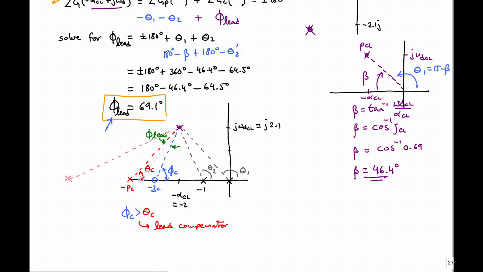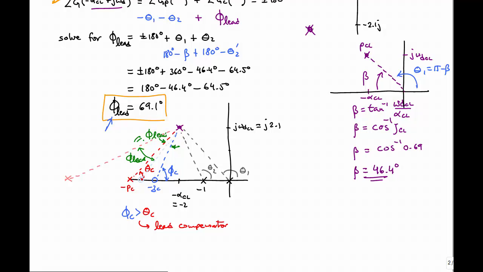As long as this angle here is still phi lead, and these are equal to each other, we can position the pole and zero really at any location.